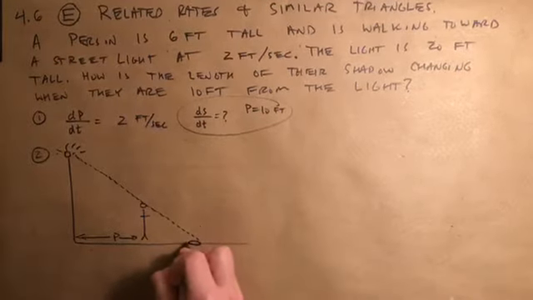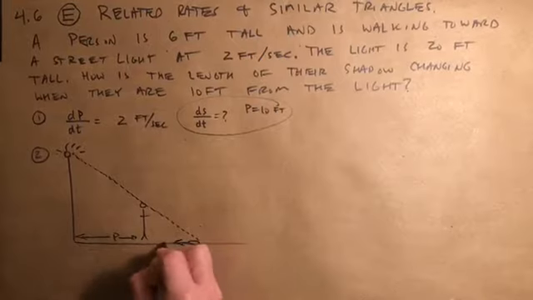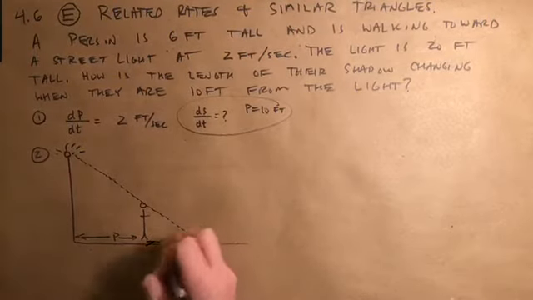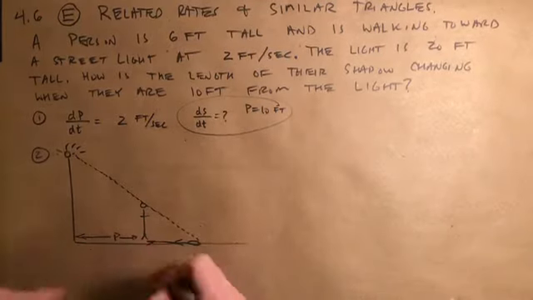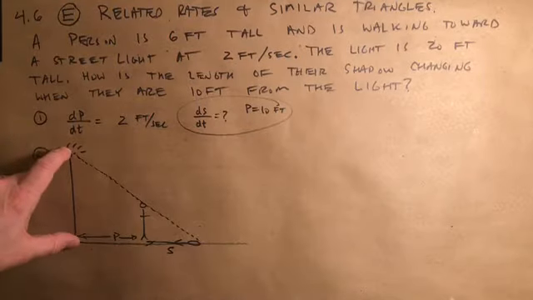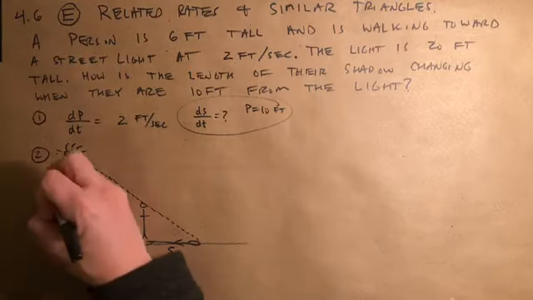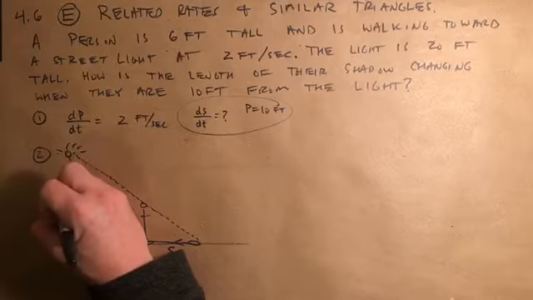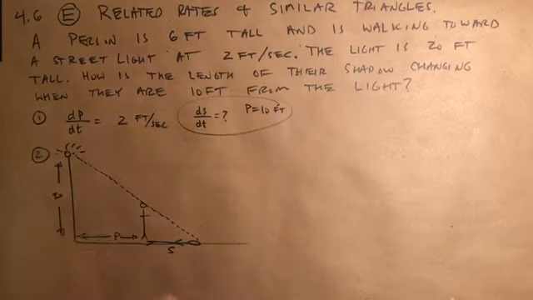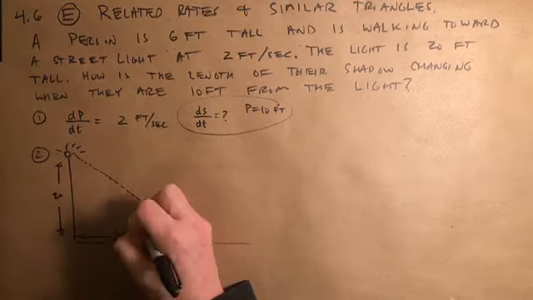And the shadow will be here. So that'll be P. This will be S. All right. We also know that this height here is 20. And that the person's height is 6.